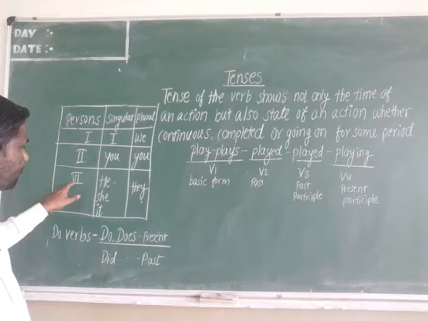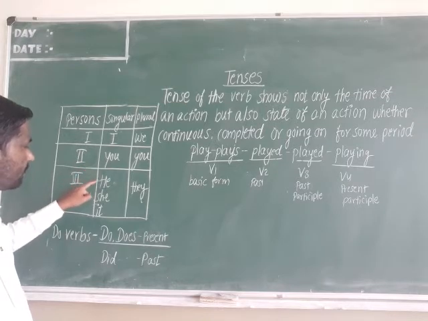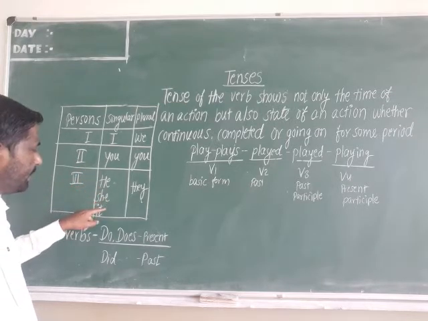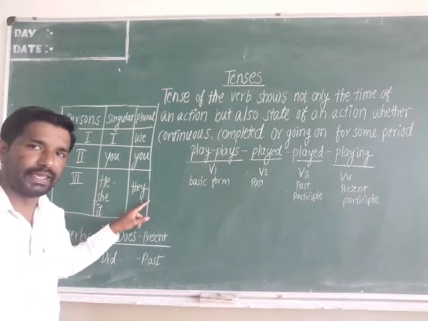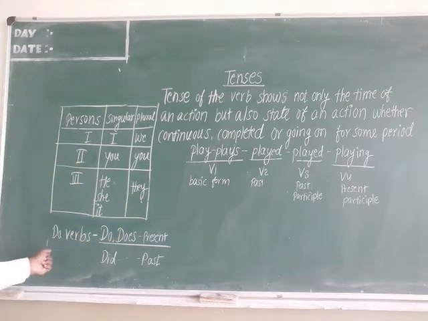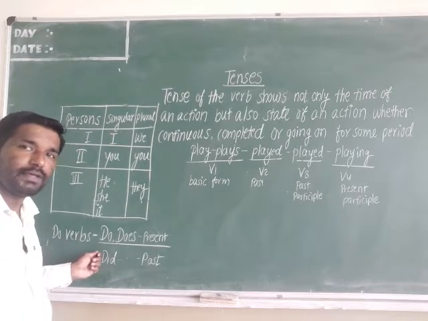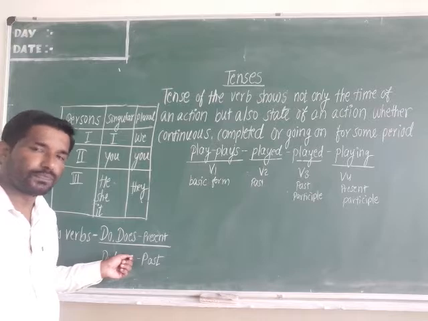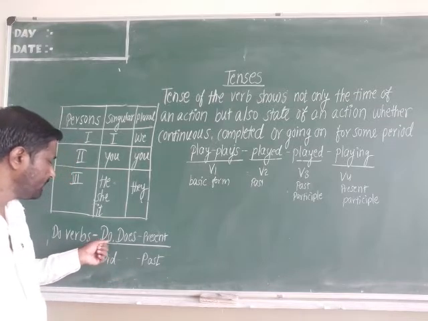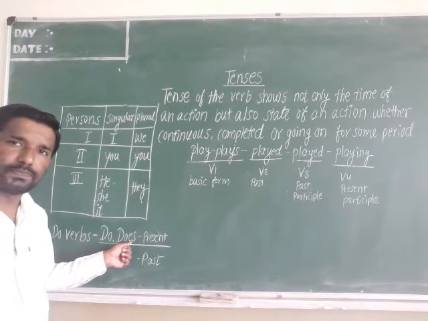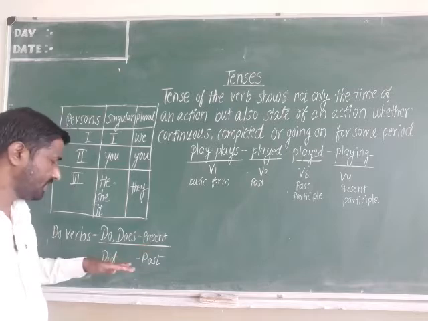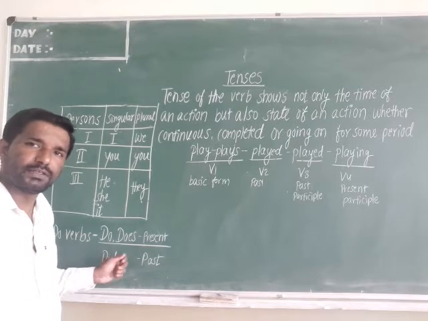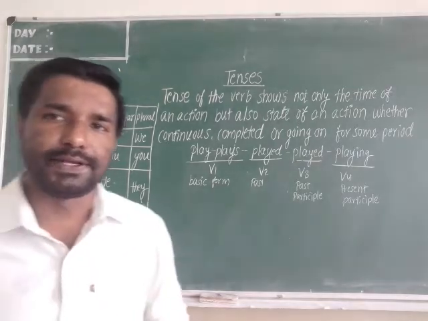And third person singular he, she, it, plural they. And we need the help of do verbs in the simple present tense usage. Do verbs means do, does in the present tense. Past tense we use did. We shall see that later.